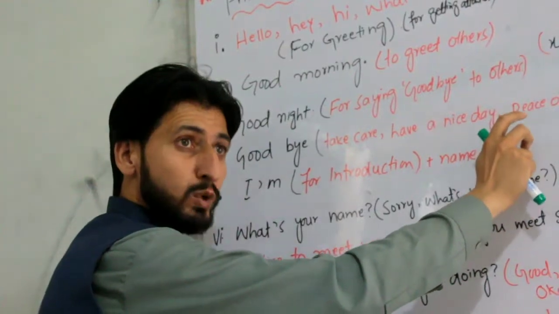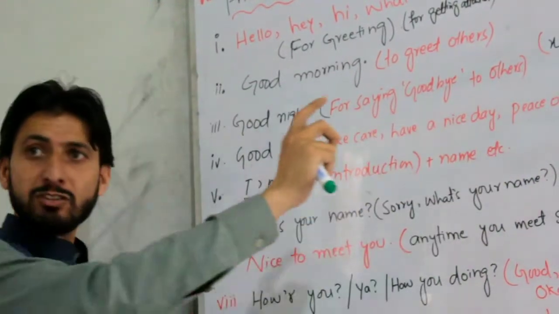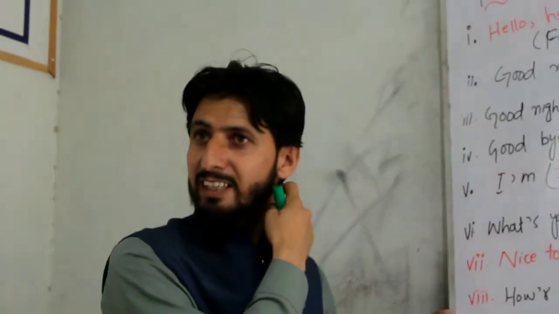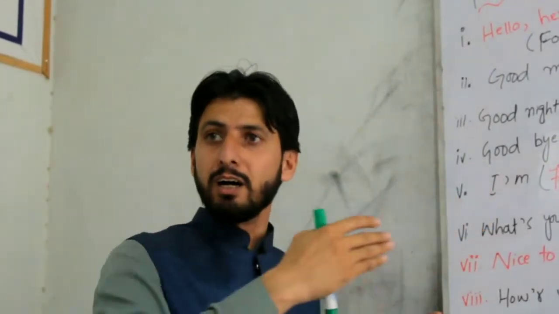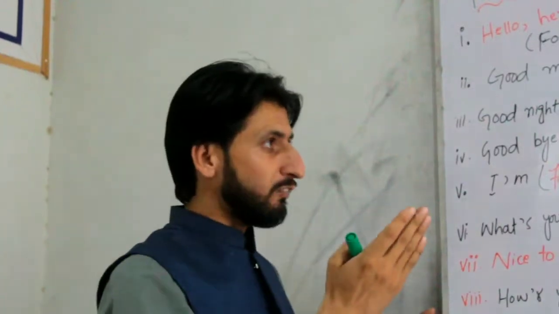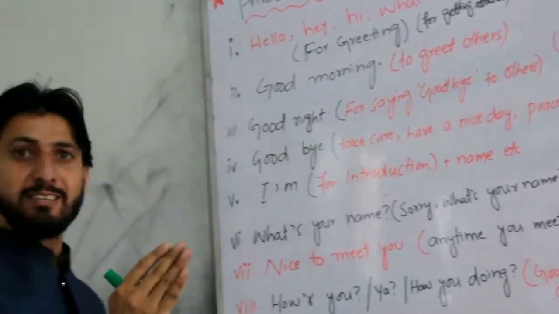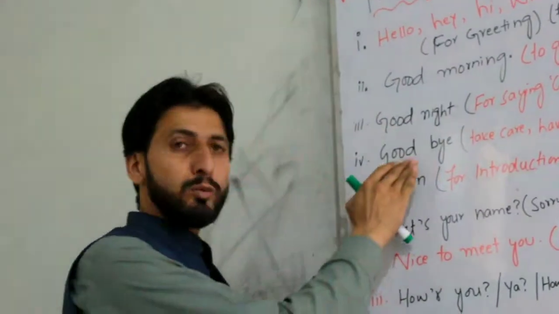So this is a new expression for you, especially the beginner, the new learner who wants to converse in English. When a native speaker converses with you, and if he says peace out, it means he is saying goodbye to you.